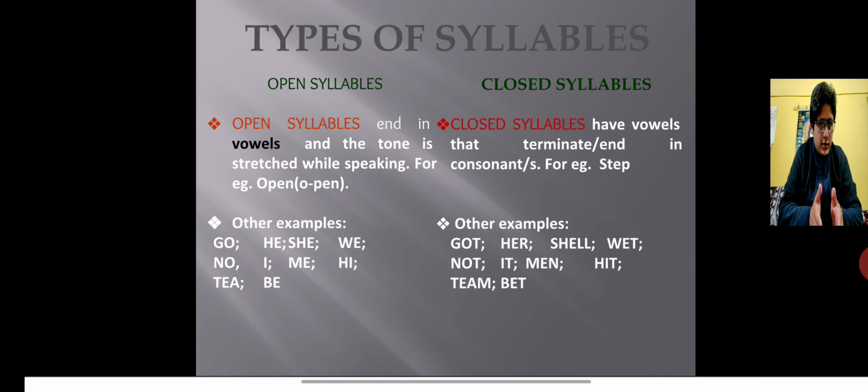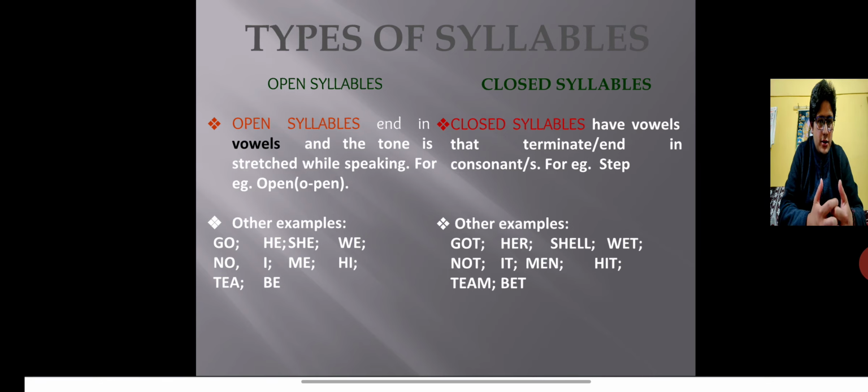It takes a vowel sound E in the middle, and the sound is "step", right? And P, it terminates in a consonant, therefore it becomes a closed syllable and it will not be stretched, if you remember. Other examples: go. If I use another consonant at the end of go, it becomes "got", and got is a closed syllable.